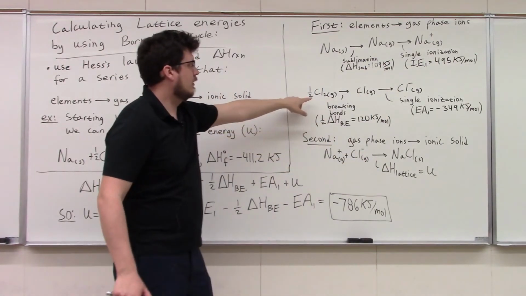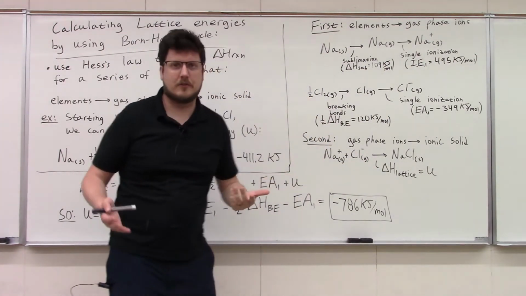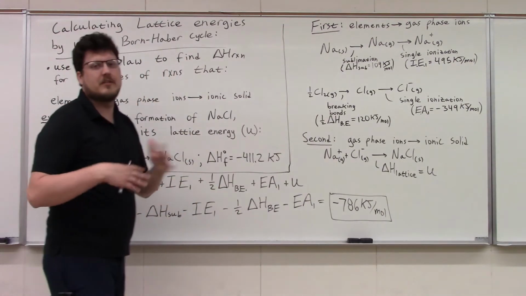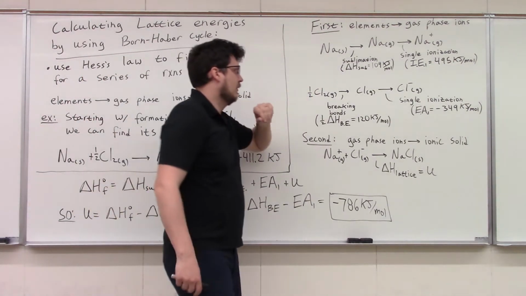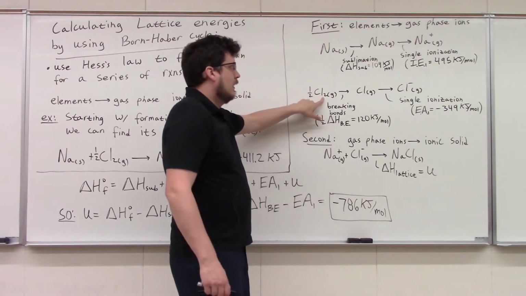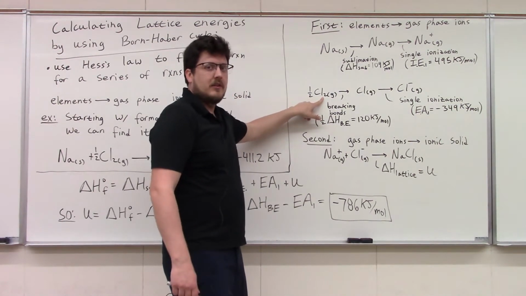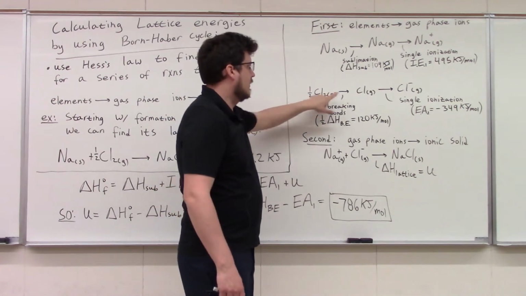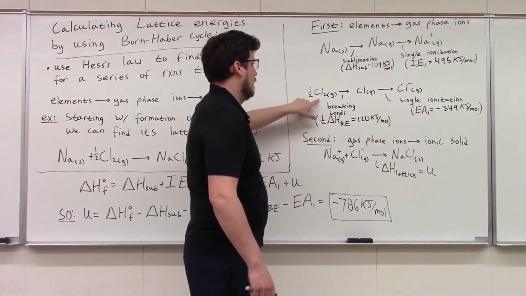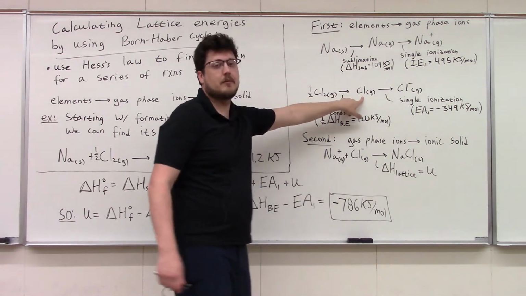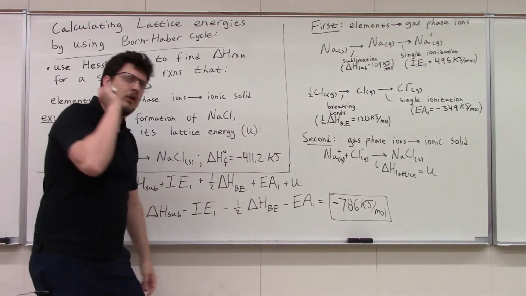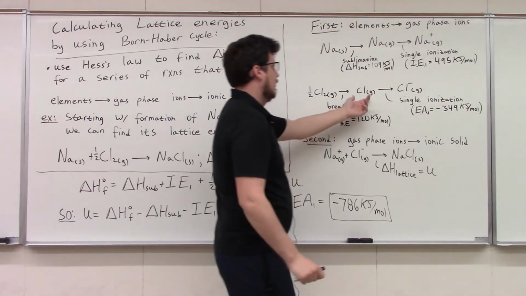Here's the good news. Chlorine, it's already a gas. We don't have to do a phase change. No sublimation, no evaporation, nothing like that. It's a gas. Okay, but it has a bond. I don't want Cl2, I want Cl, so I've got to break this sucker in half. And so half of Cl2 becomes just Cl by itself in the gas phase. So a single chlorine atom. And so this isn't necessarily favorable.